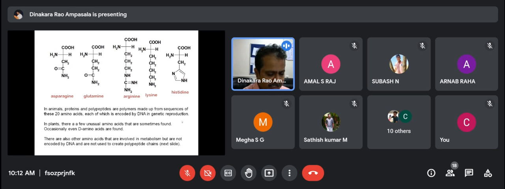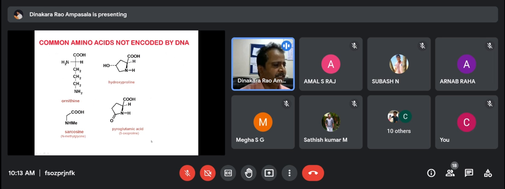Okay, so when you see D amino acids or L amino acids, they are encoded by the genetic DNA, whereas other amino acids are present that are not encoded by the genetic code, not encoded by DNA, and these amino acids form during metabolism.